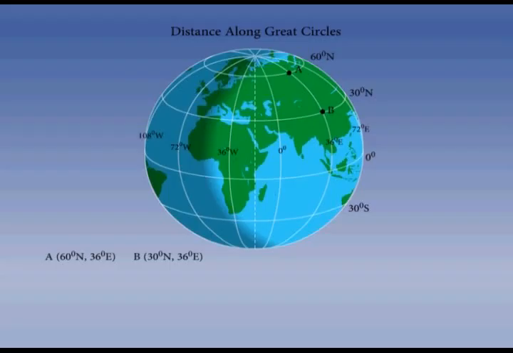Considering that the angles are measured from the equator, then the angle between A and B, that is angle AOB, is 60 minus 30, which gives us 30 degrees. So length of arc AB is given by 30 over 360 times 2 times pi times 6,370, which gives us 3,336.67 kilometers.